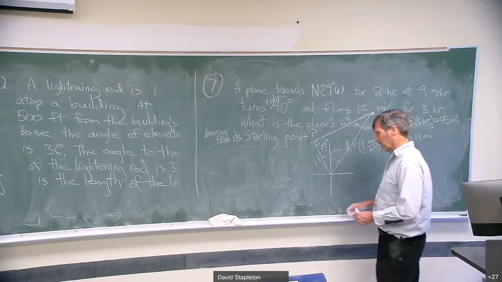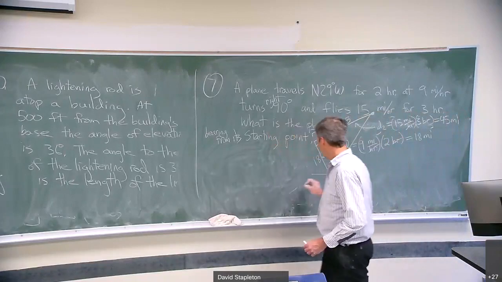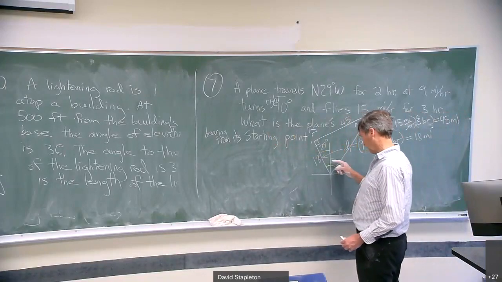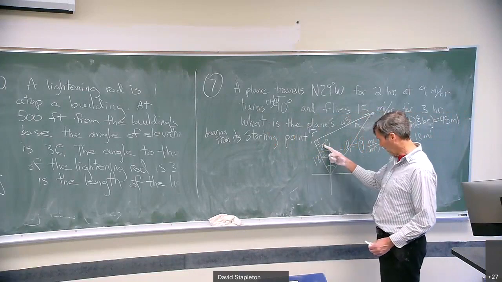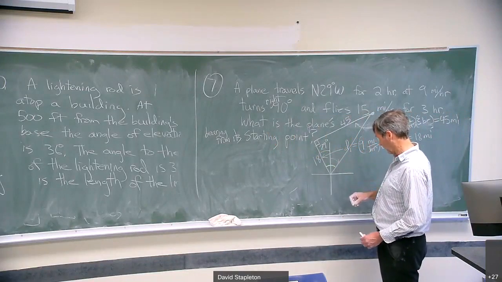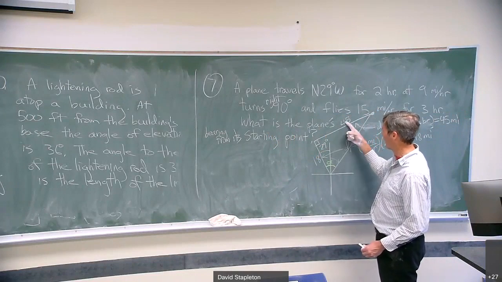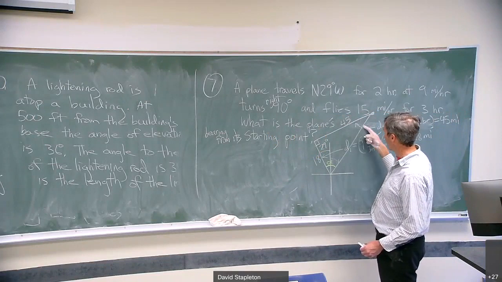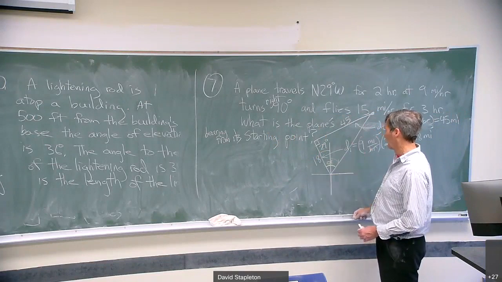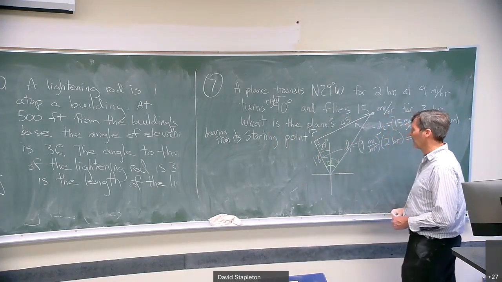So if I just find, let's say, this angle of the triangle, I can subtract out 29 degrees and find out what this angle is. So if I call this alpha arbitrarily, then this is A, and then this is beta and B here, I can try and solve this triangle for alpha.